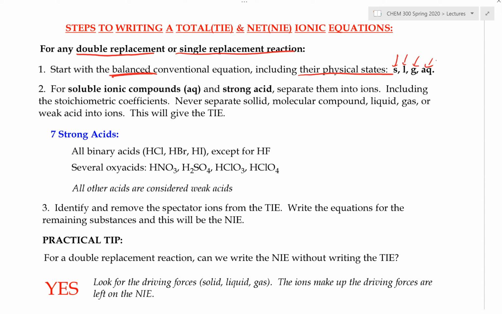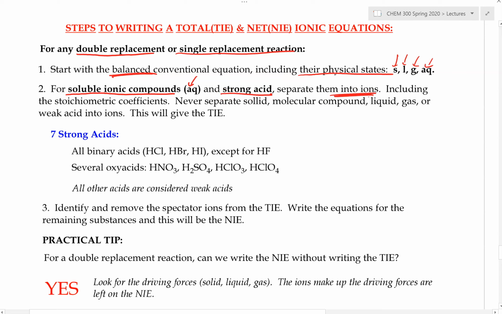And after we have the balanced conventional equation already, this is what we will do next. We will be looking at each of the reactants and products, and for all soluble ionic compounds, so ionic compounds that we have identified as aqueous because they're soluble in water, and strong acids, that is when we would separate these substances into ions.